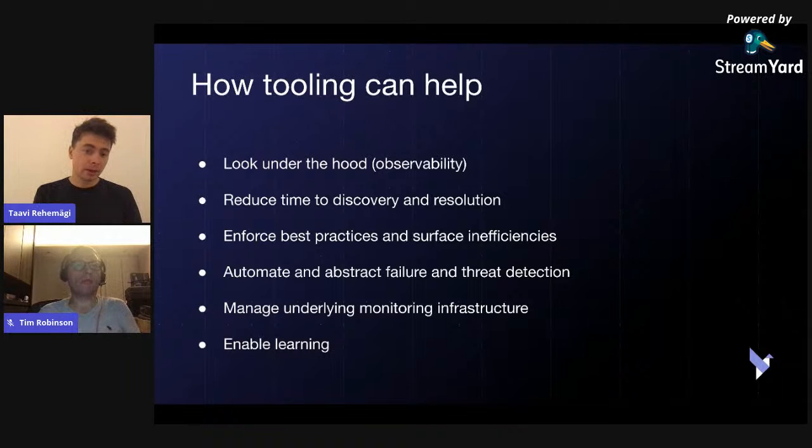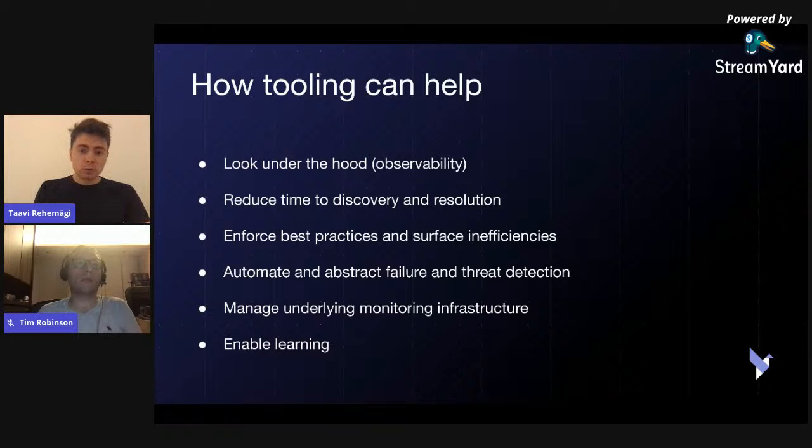Another product idea, or a thing that could be solved automatically, is enforcing or recommending best practices and scanning the infrastructure for configuration inefficiencies and any sort of problems along the way.